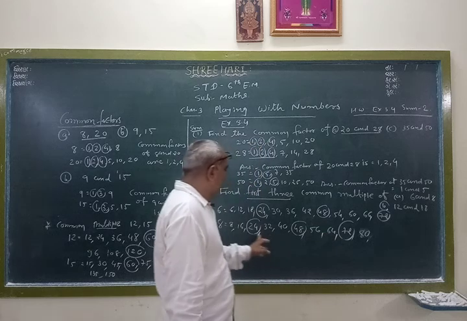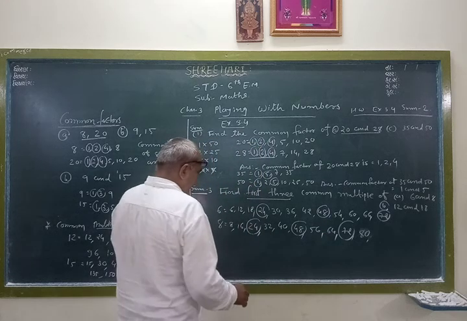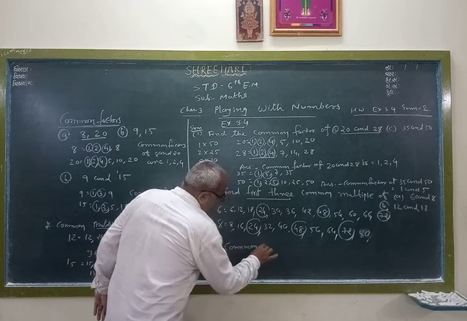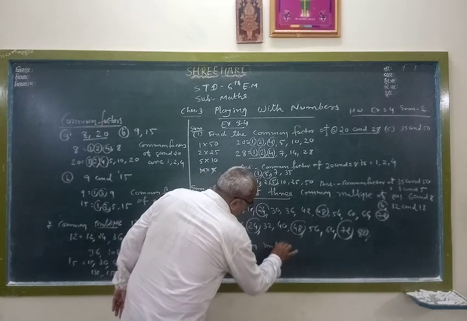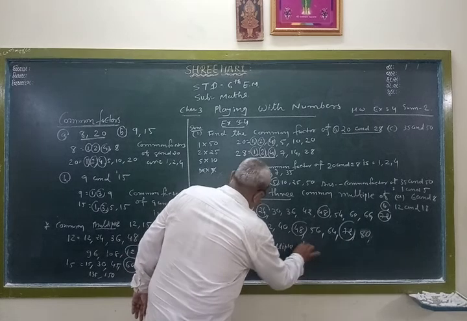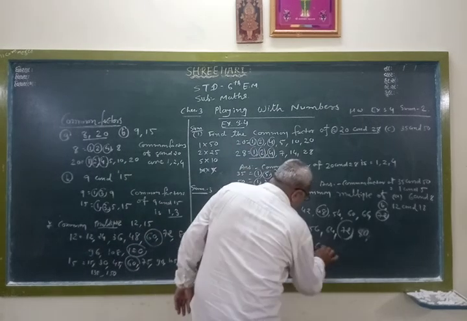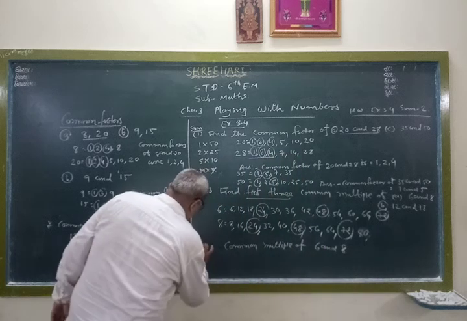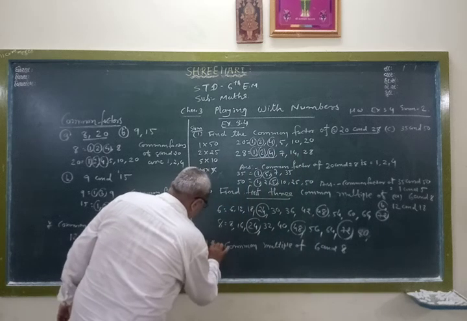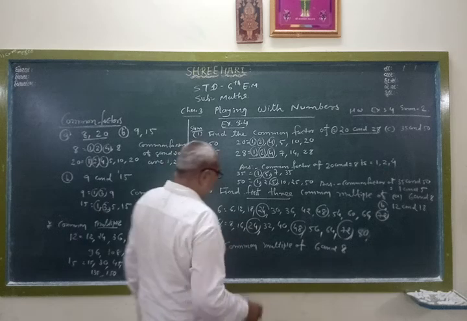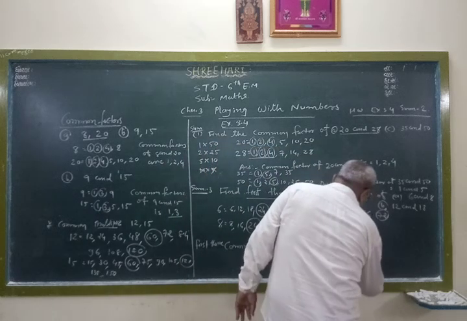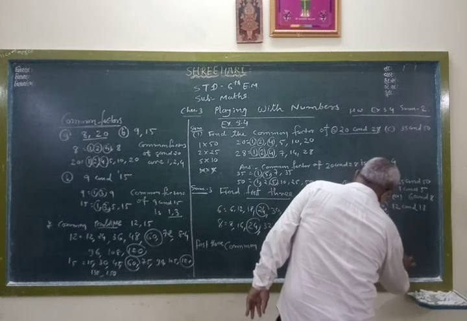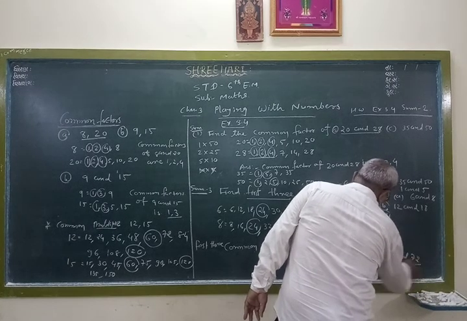So the common multiples of 6 and 8, the first 3 common multiples of 6 and 8, are 24, 48 and 72. This is the answer.